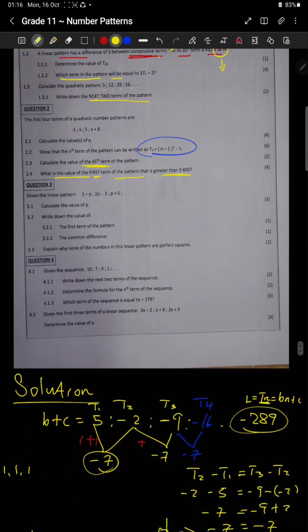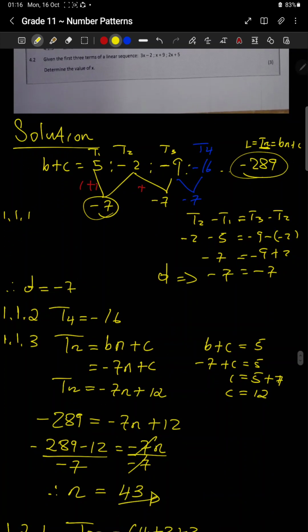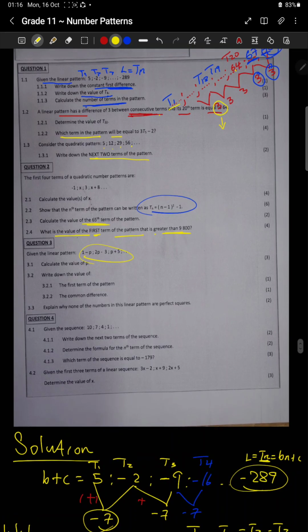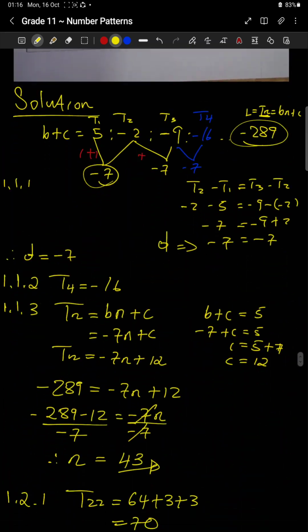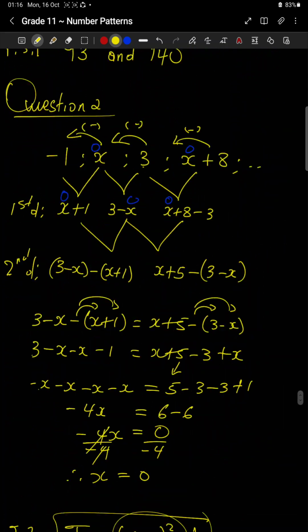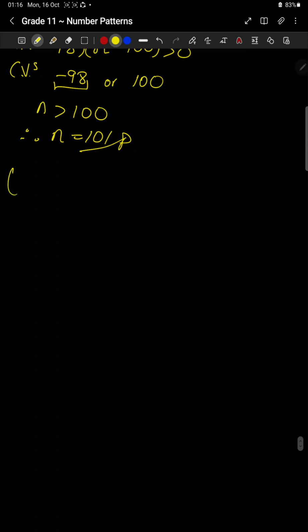And then the next one says question 3. We're given this portion here, and we have to find the value of p. This one is easy, so we just copy down everything as it is and work it out.